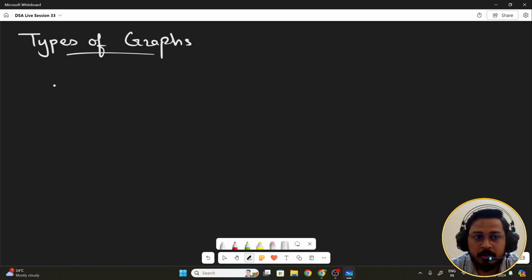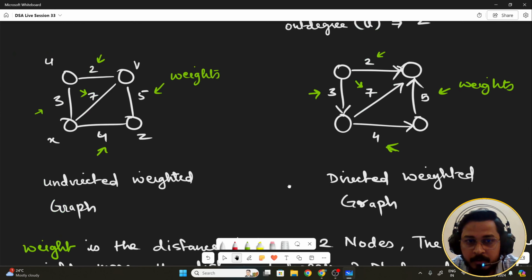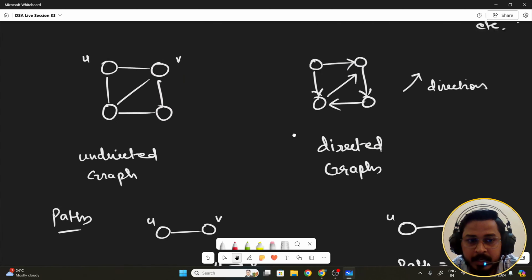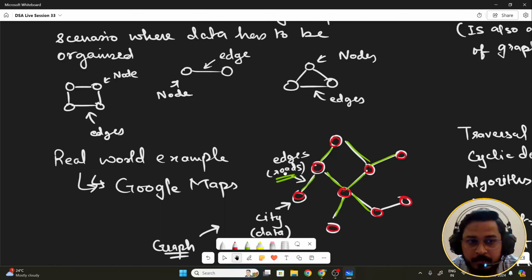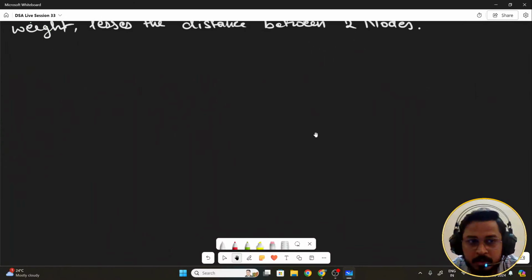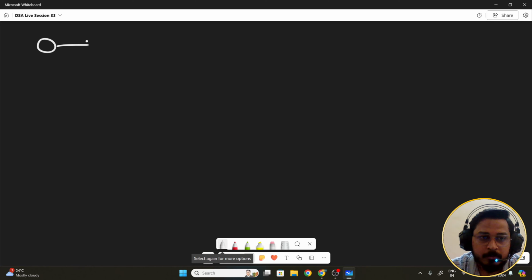One more thing I did not tell you before I go ahead. Weights I told about, degrees I told about, directed, undirected, paths. A lot of things I've told you about graphs, but I did not tell you about this graph.